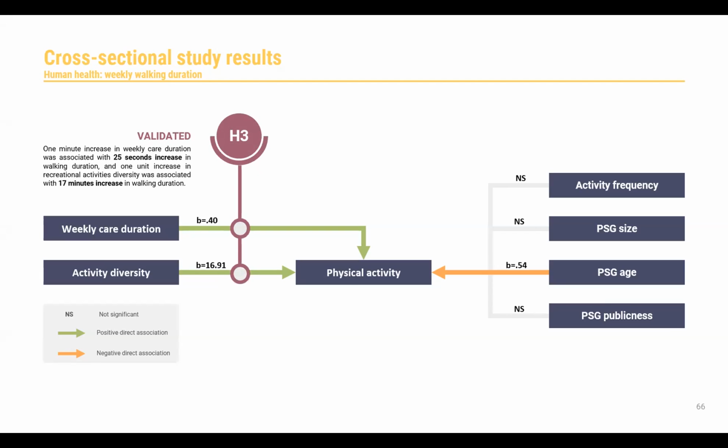We also found that a 1 minute increase in weekly care duration was associated with a 25 seconds increase in walking duration, and a 1 unit increase in recreational activities diversity was associated with a staggering 17 minutes increase in walking duration.